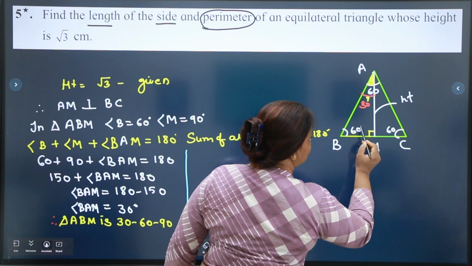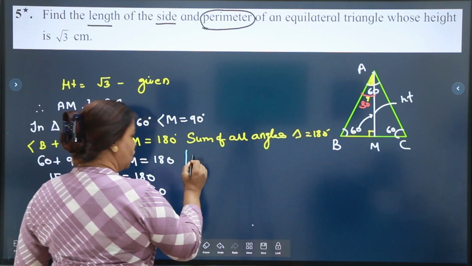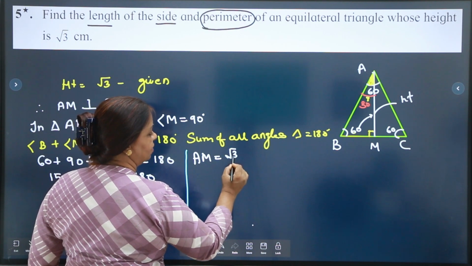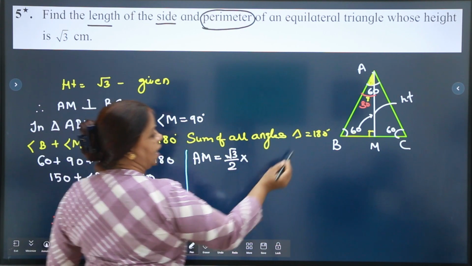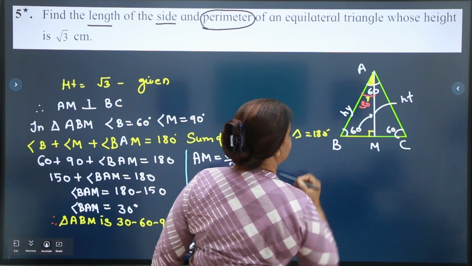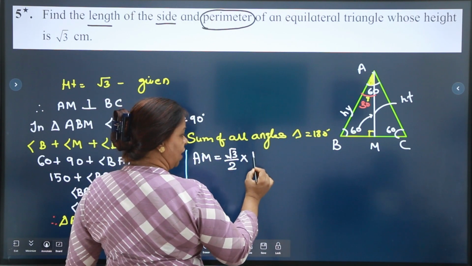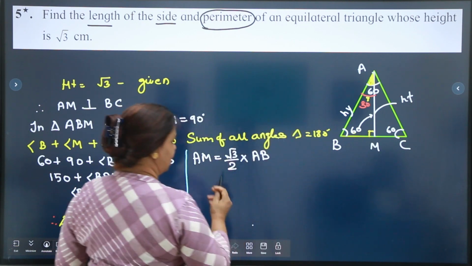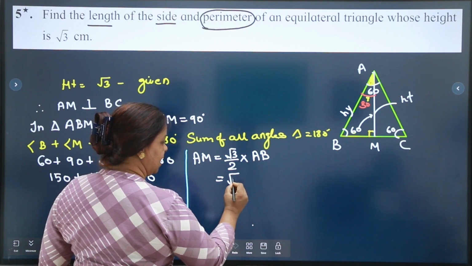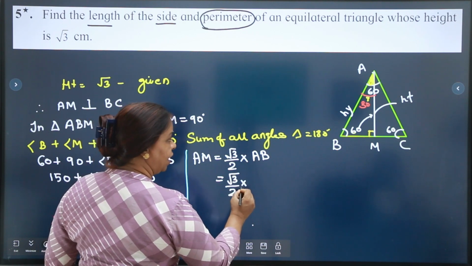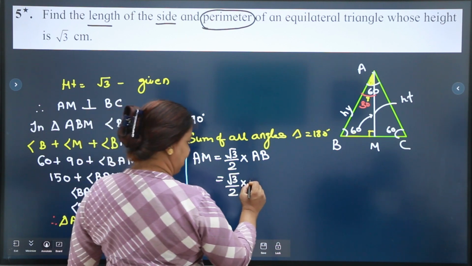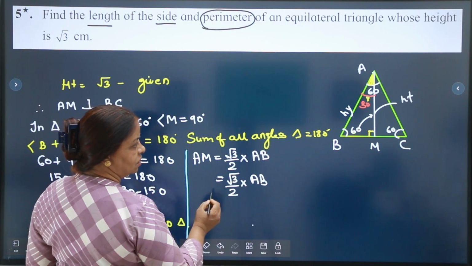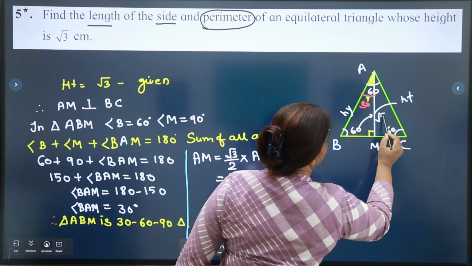This is 60 degree, and opposite to 60 degree is AM. So we can say AM is root 3 upon 2 of the hypotenuse. This is the hypotenuse. Hypotenuse is AB and AM is opposite to 60 degree. So we can say root 3 upon 2 into AB. How much is AB? We want to find out. And AM is given, AM is root 3, the height of the triangle.